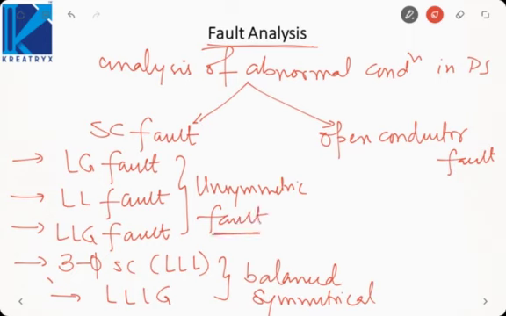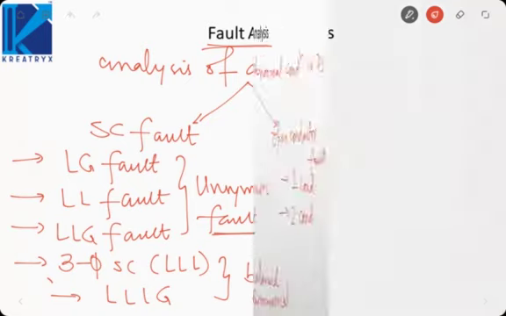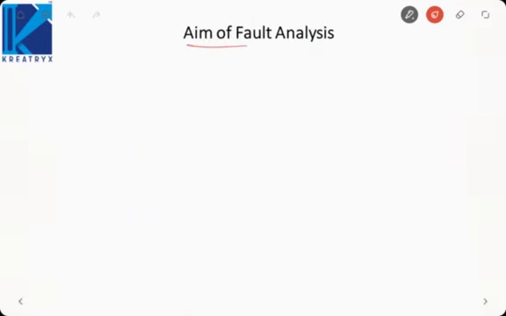So we will require the method of symmetrical components for the analysis of unsymmetrical faults. In case of open conductor fault we have two categories, one conductor open or two conductors open. But in our GATE scope we have only short circuit faults, so we will take a look at the analysis of short circuit faults.